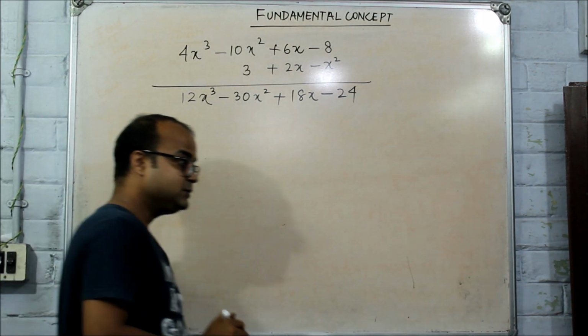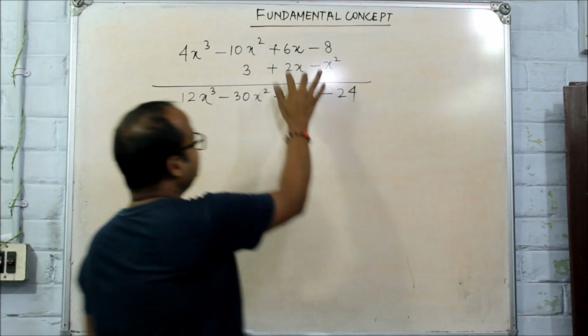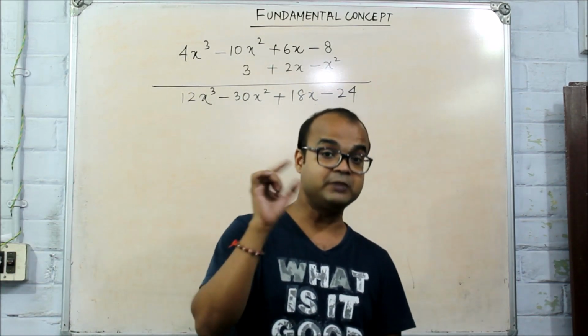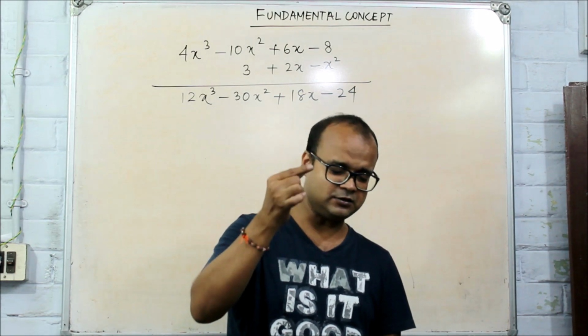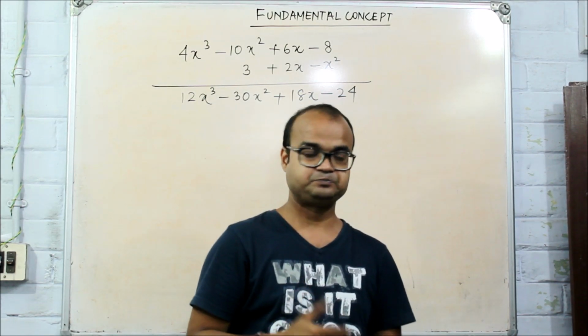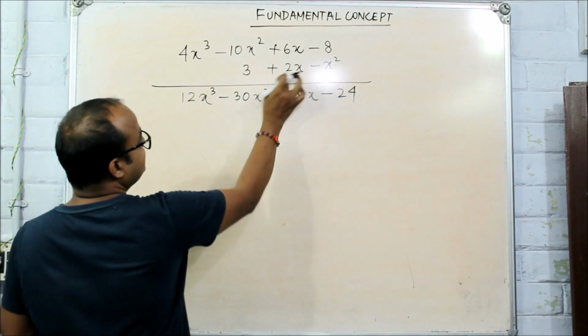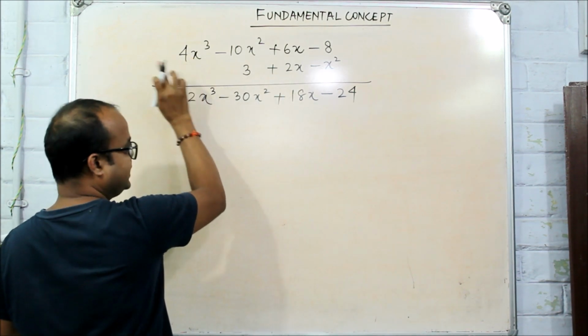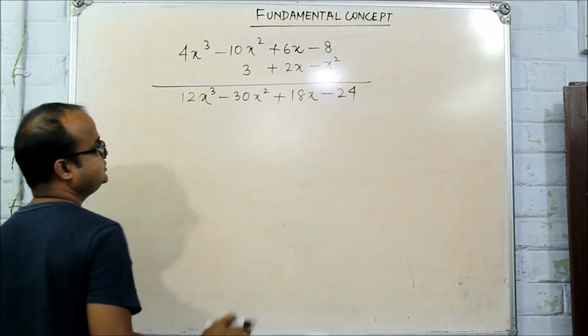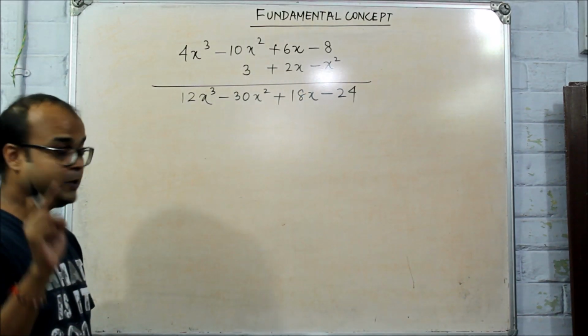Now before I multiply 2x with this entire term, I would like to tell you, once you multiply, write the like terms one after another. So plus 4 into 2, 8, x cube into x, so you are getting x to the power 4.